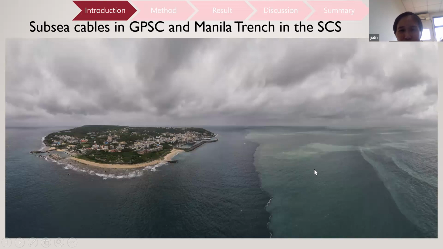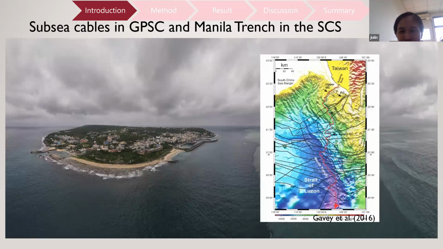And why are we interested in this kind of study? The reason is that we can use the internet, we can Zoom and talk with our friends outside of Taiwan, because of the help of many subsea cables underneath. In the south part of Taiwan, the subsea cables are mainly built around the Fangliao Canyon outside of Pingtung.